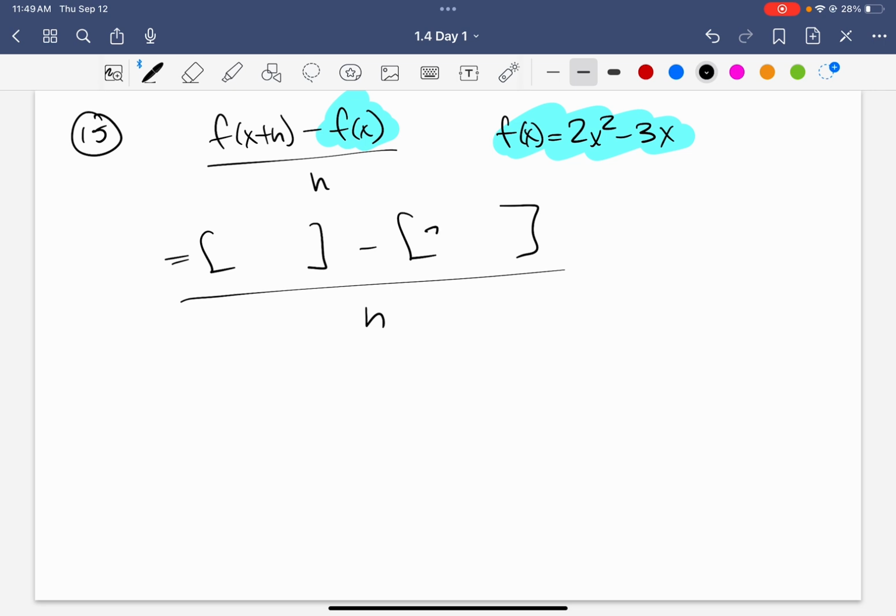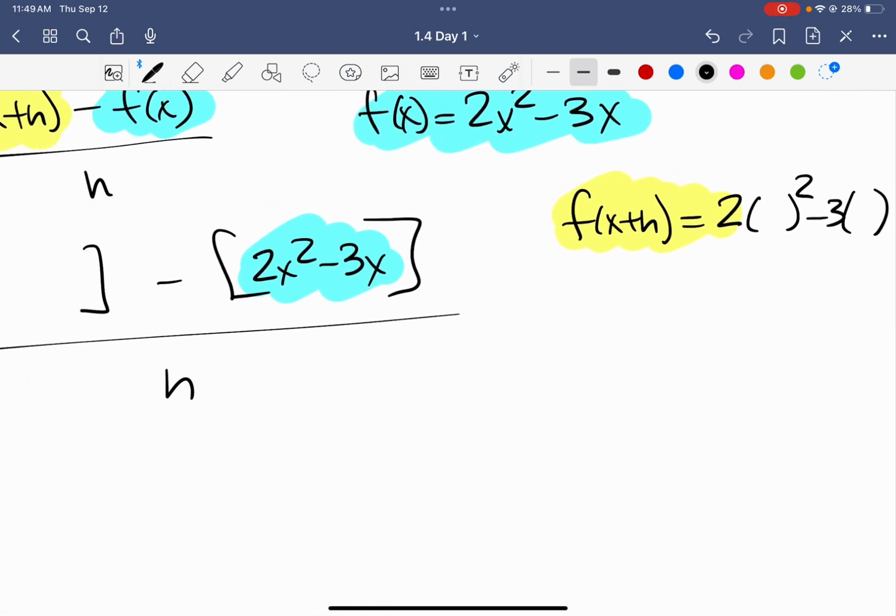So I can just put in 2x squared minus 3x for f of x. But I have to go and figure out what does it mean to be f of x plus h. Well, that simply means you take your f function, which is 2 stuff squared minus 3 stuff, and everywhere where you have a stuff, you plug in x plus h.